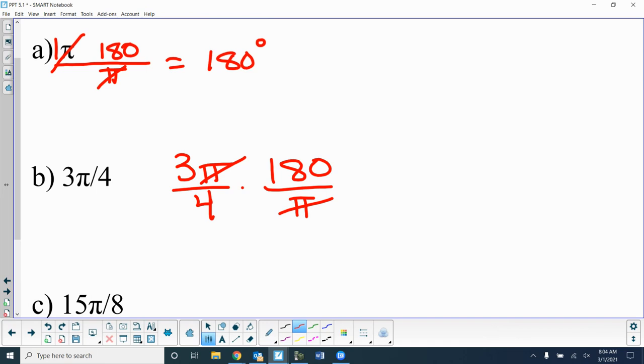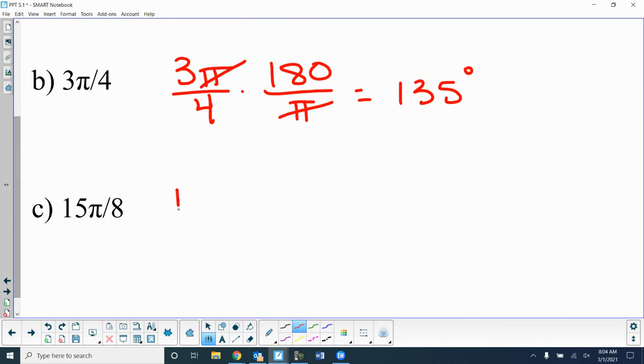And then 3 times 180 is 540 divided by 4 is 135, I think. Someone check me. All right, thanks. Okay. So once you do that, you just multiply the numerators, and then divide by the denominator, okay?